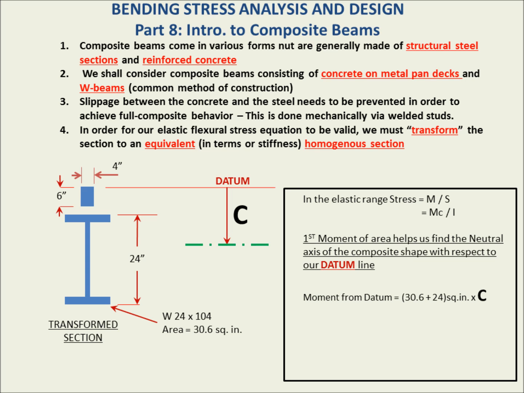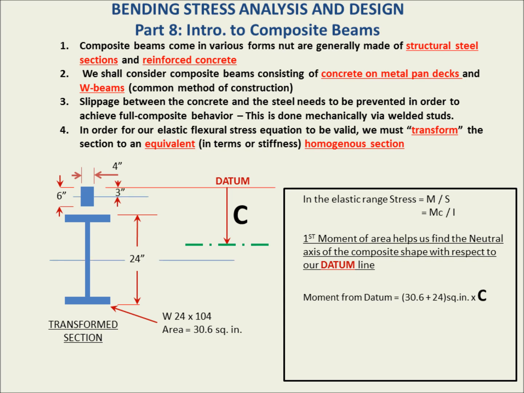Now, from Newtonian mechanics and statics in particular, we know that the moment we just defined is also equivalent to the moment obtained by multiplying the individual areas, the rectangle and the wide flange, by the distances from the datum to their respective centers of mass.